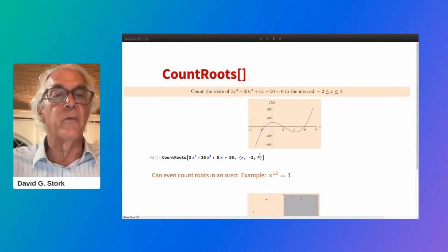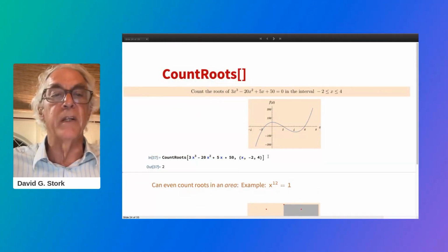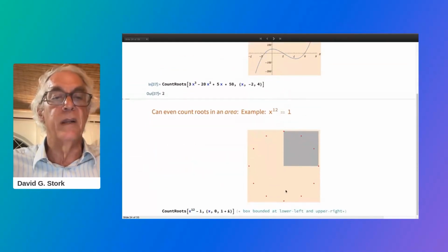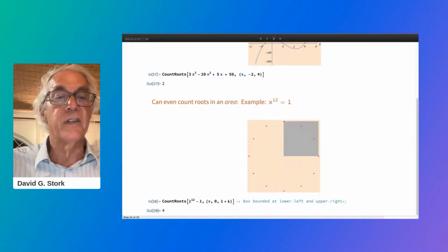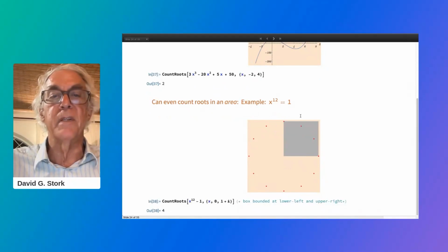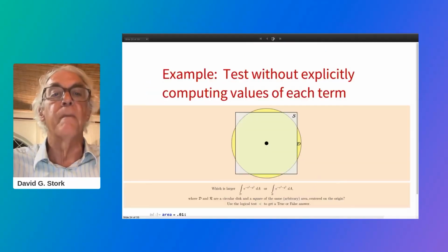Things like counting the roots. How many roots are there of that cubic equation between -2 and 4? Oh, well, there are 2. It even works in complex variables. Count the number of roots of x to the 12th minus 1, which are going to be these red points in the complex domain, and so forth.